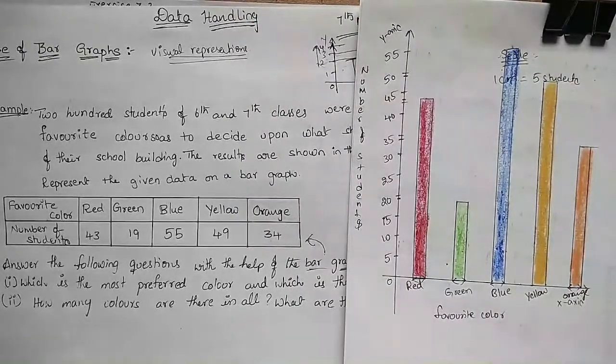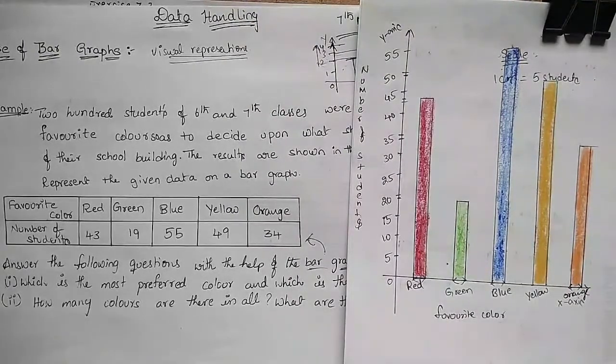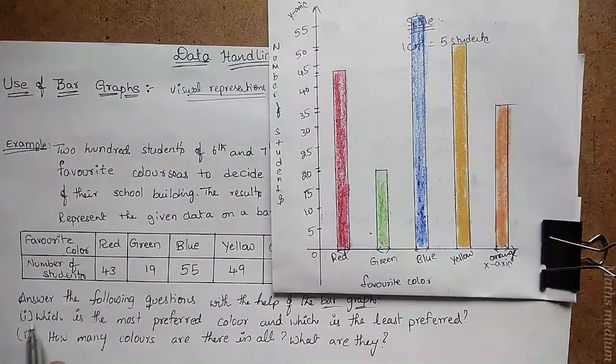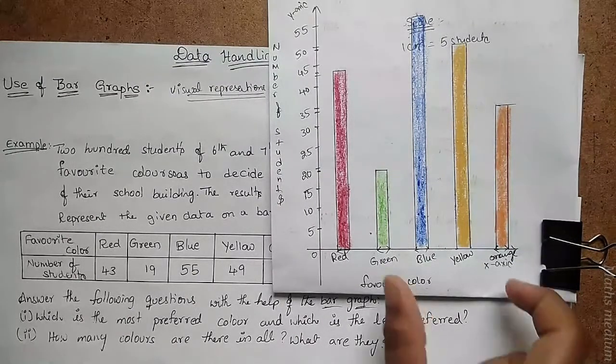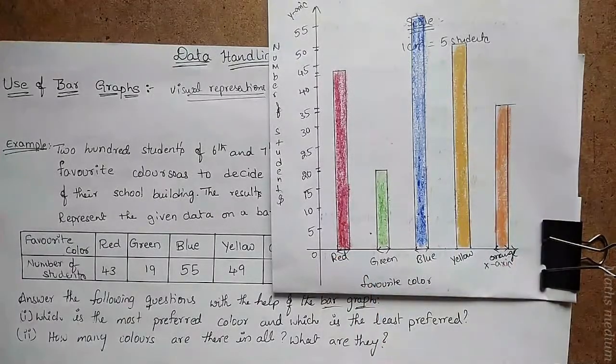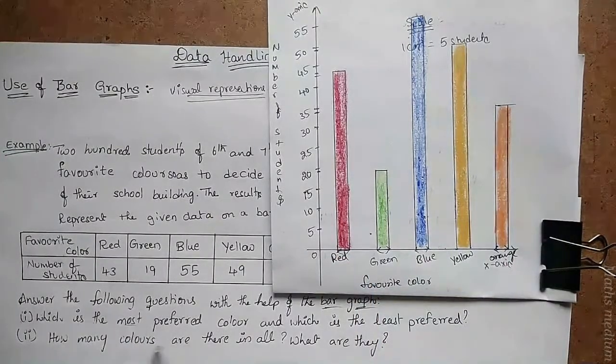Now we have to move to the questions. Let's move into the questions. This was the question: which is the most preferred color and which is the least preferred color? So for visualization purposes we have drawn the bar graph here. Let's start with the most preferred color.